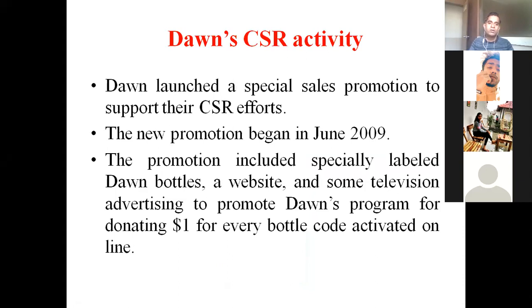But for the marks, you need to consider the marks and time and then answer. It is more like a direct question. Dawn launched a special sales promotion to support their CSR efforts. The new promotion began in June 2009. You can refer to this from the caselet itself. But when you have more knowledge, you can always write more.